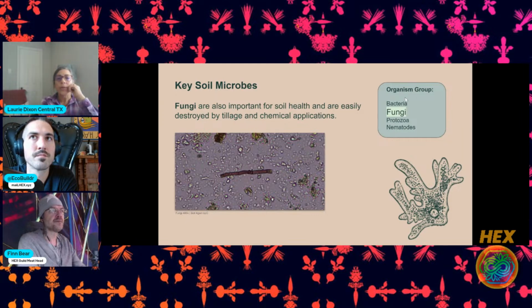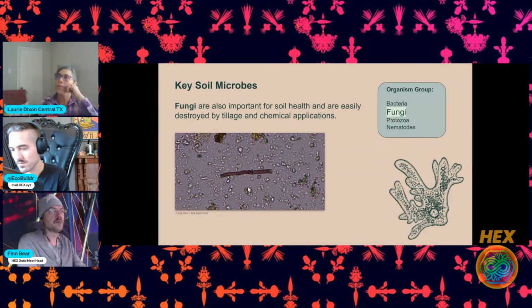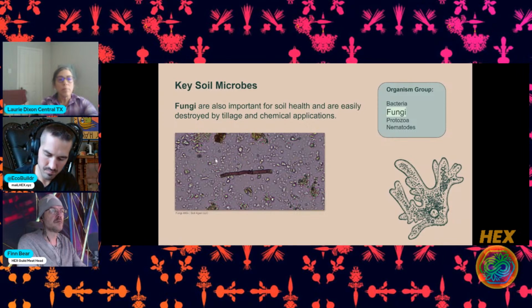So the next group, that's bacteria. Now we're going up to fungi. Fungi are going to feed on the bacteria. They're also going to feed on the more complex foods. The exudates are actually carbohydrates, proteins, and amino acids.